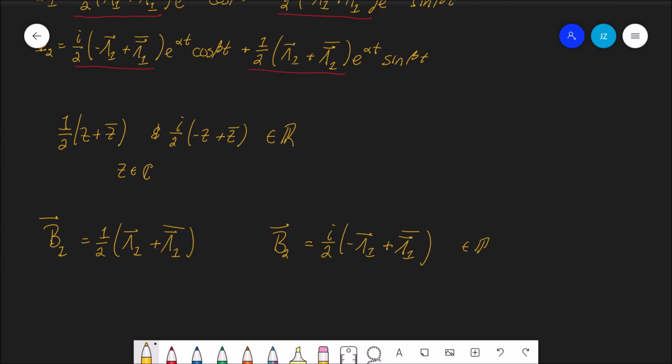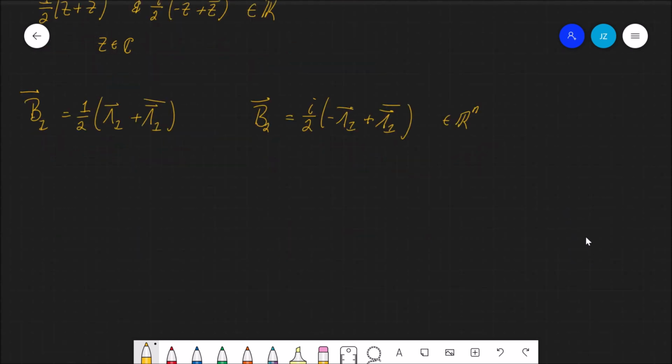And both of these will, of course, be reals. They'll be real vectors. So using that, we can form our two solutions.